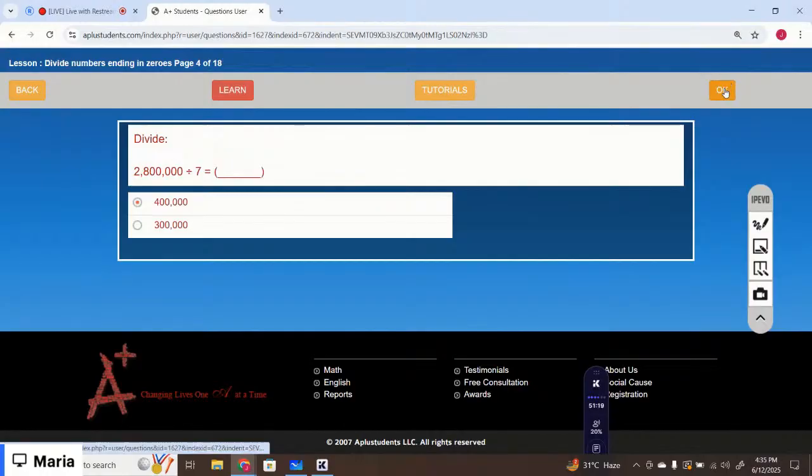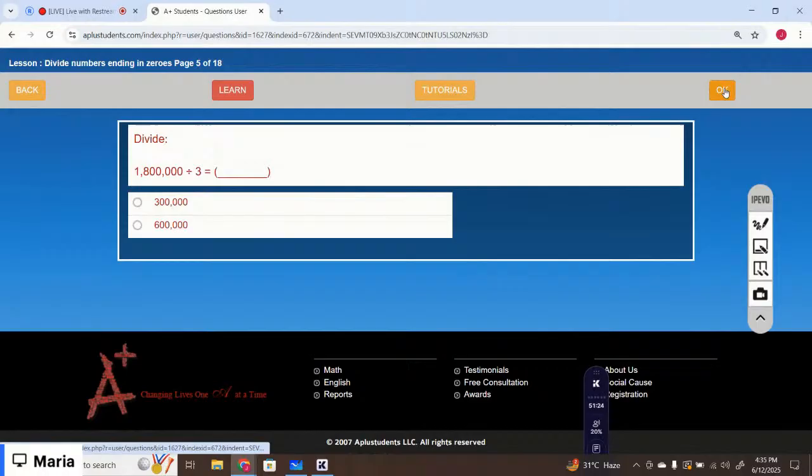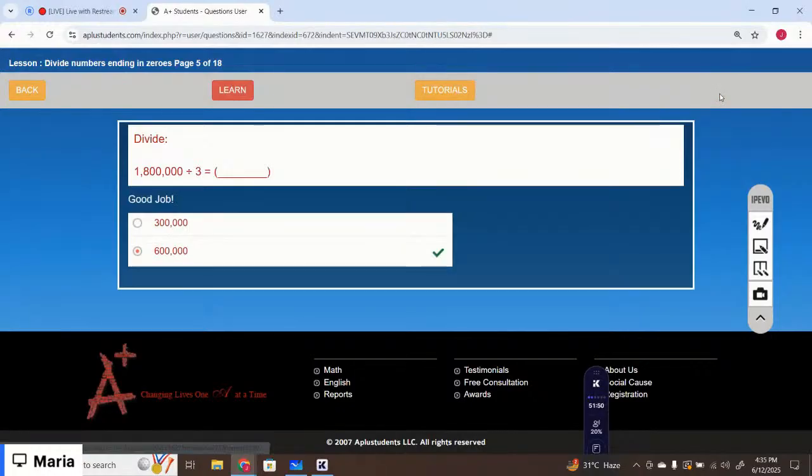That is 400,000. 1,800,000 is divided by 3. So which is the correct option? Option number two is the correct option. That is 600,000.